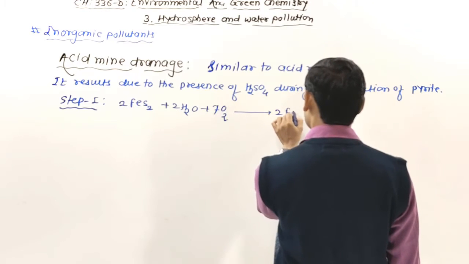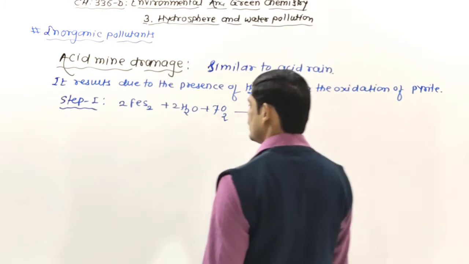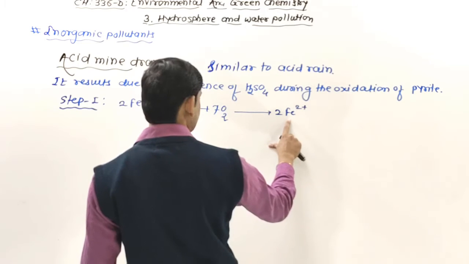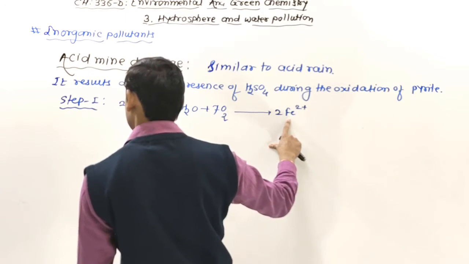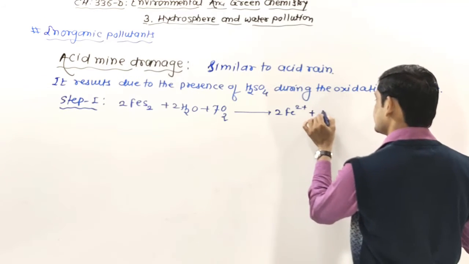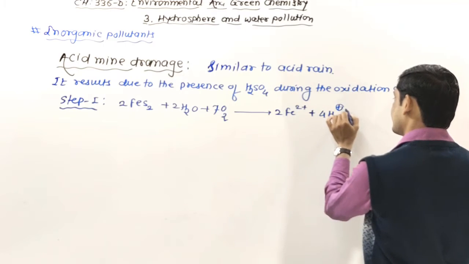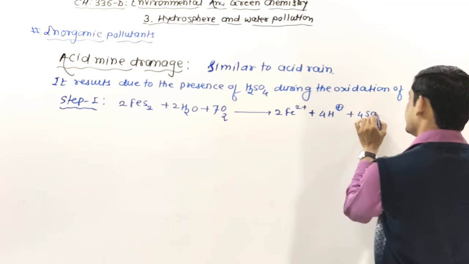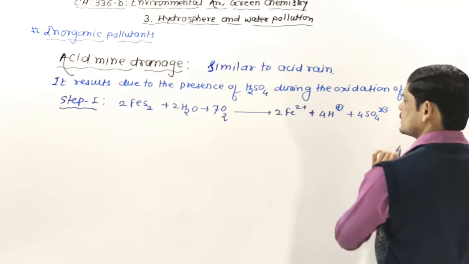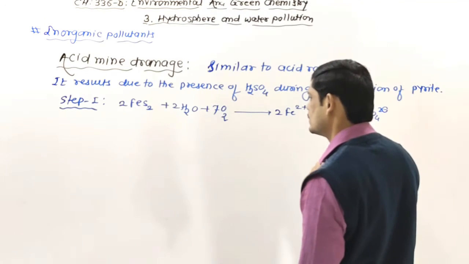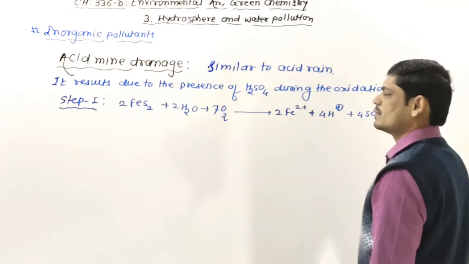It gives twice Fe2+, meaning iron is oxidized to the corresponding Fe2+, plus H+ ions, and sulfate ions are released. So that was your first step.